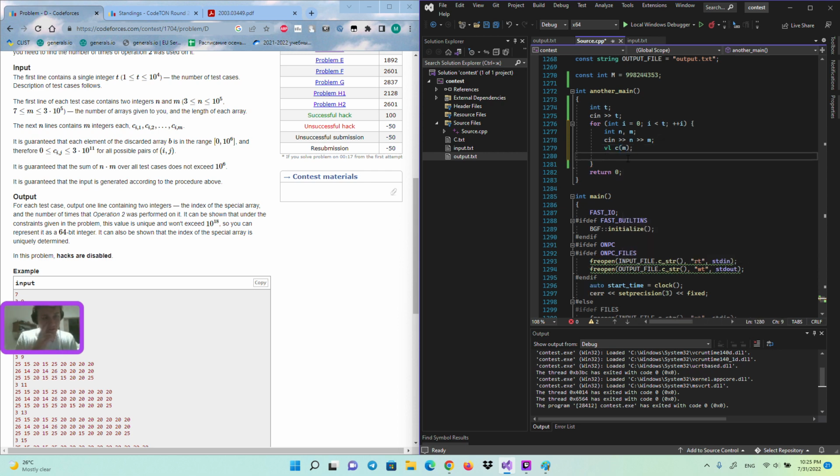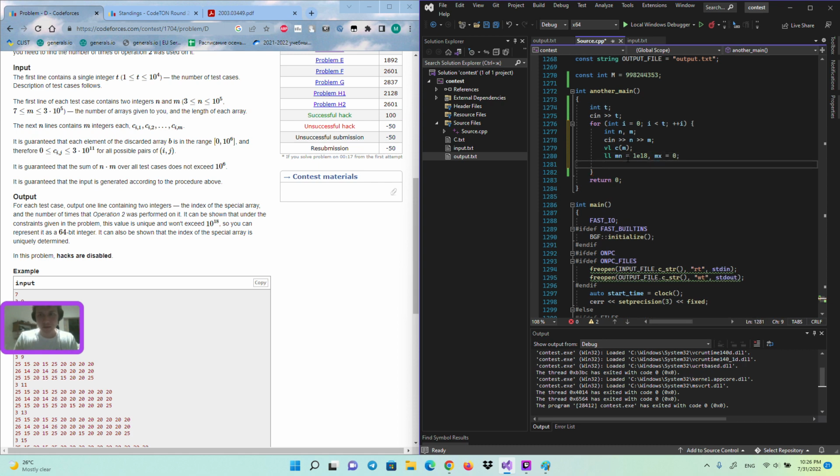Let's also count minimum something and maximum something. Then we do the following.